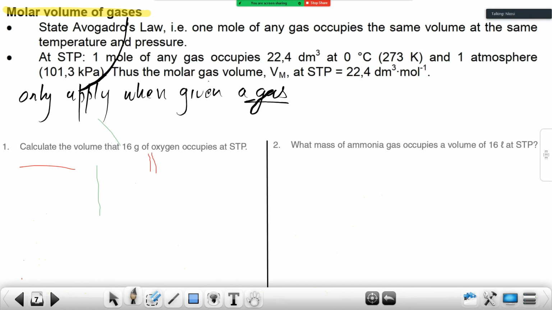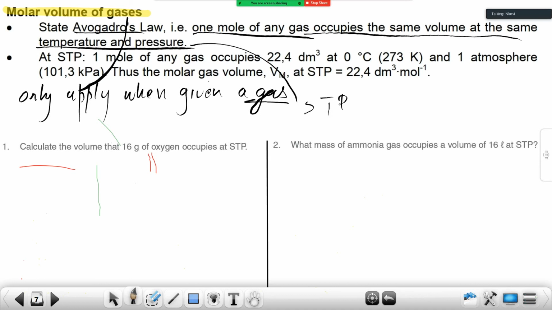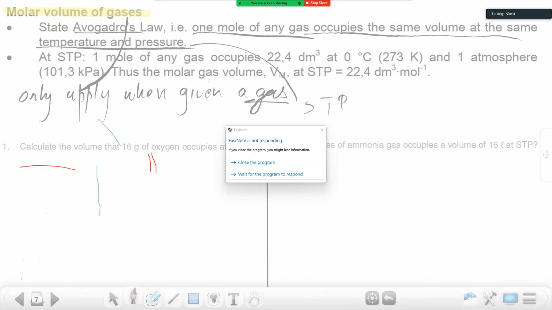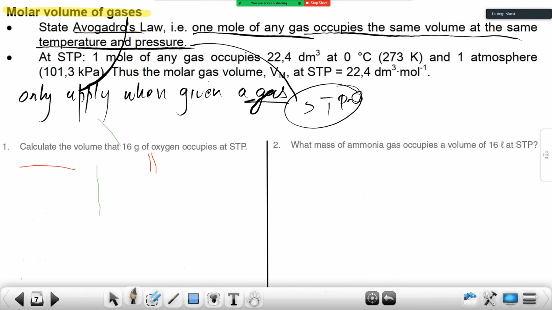So it says we state the Avogadro number: 1 mole of any gas occupies the same volume at the same temperature and pressure. Basically, it says the Avogadro number works at what we call the STP, which is the standard temperature and pressure. So in a statement, I should be told that it is at STP.